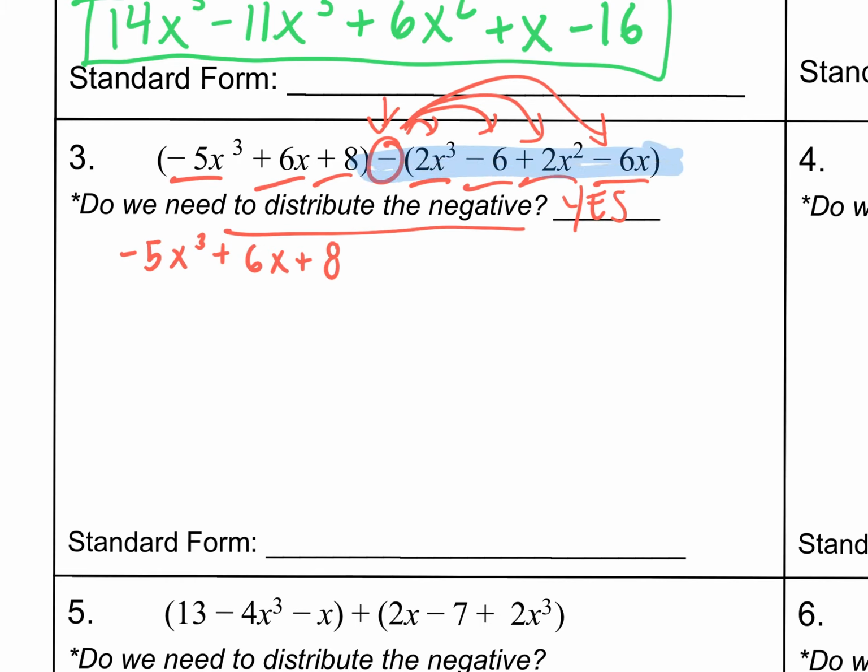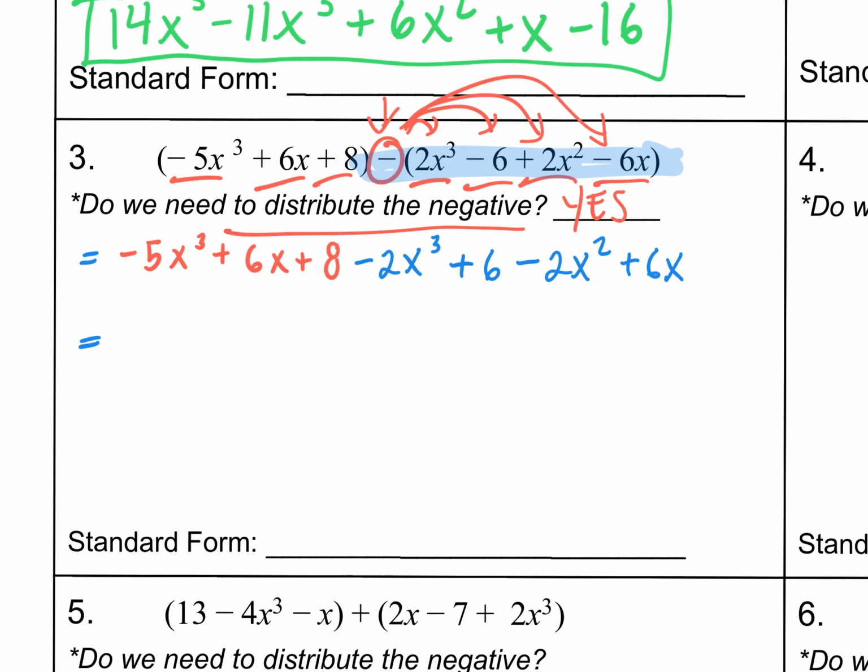So some things are going to change when I do that. I'm going to have minus 2x cubed plus 6 minus 2x squared plus 6x. So when I subtract, step 1 does 2 things. We rewrite it without parentheses and we distribute the negative.